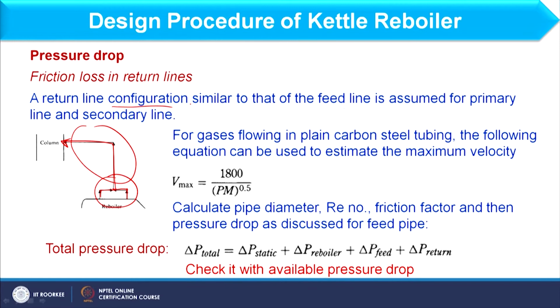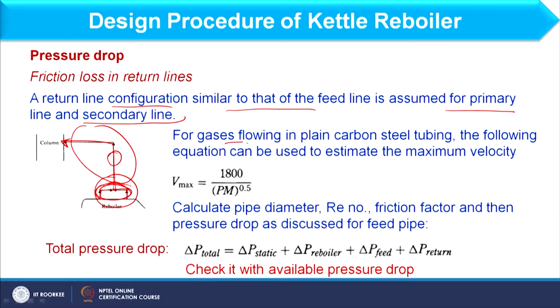The return line configuration is similar to that of the feed line, consider primary as well as secondary lines. This is basically the secondary line and this is the primary line. In this case, we have gases, not liquid. On the feed side we consider liquid only, but in the return line we should consider gas only.